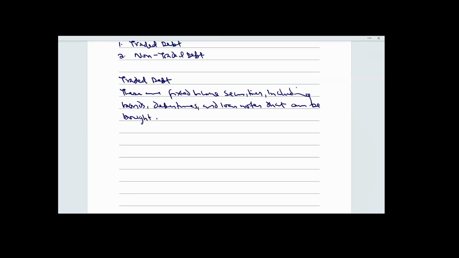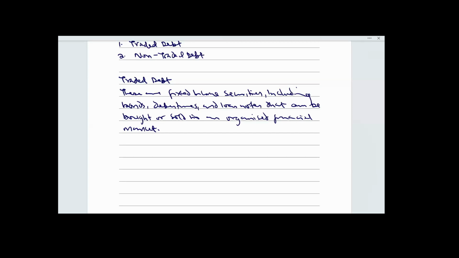So this is what is known as traded debts. The traded debts are fixed income securities that can be traded in an organized financial market. Examples of traded debt are bonds, debenture, and loan notes.